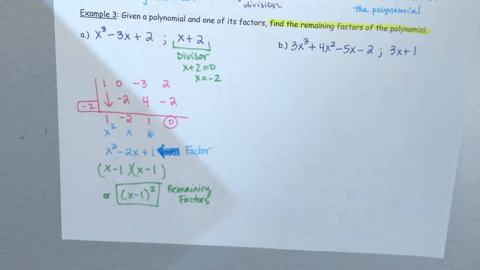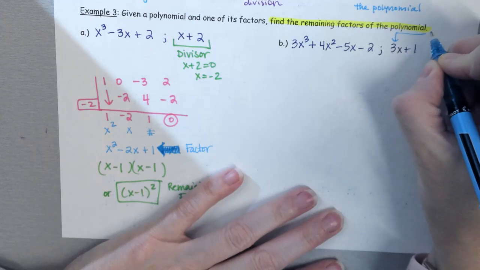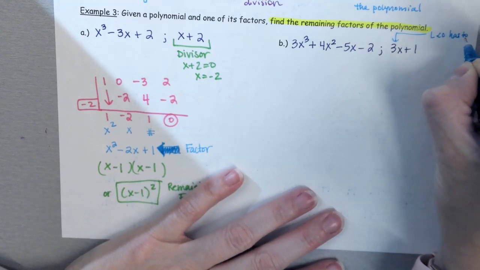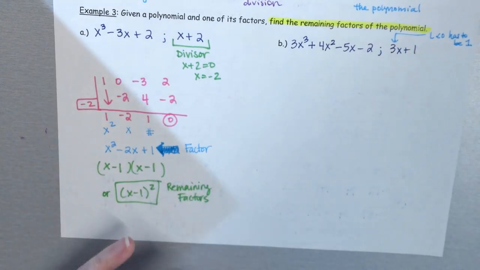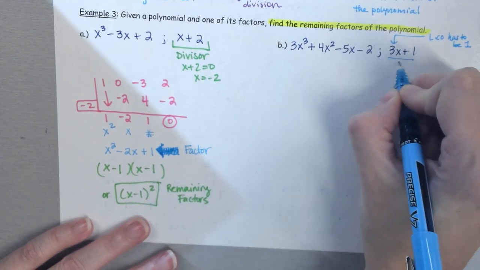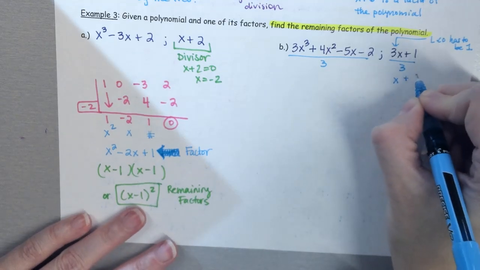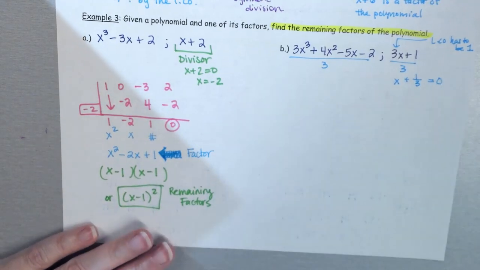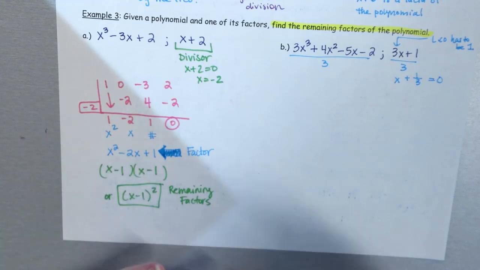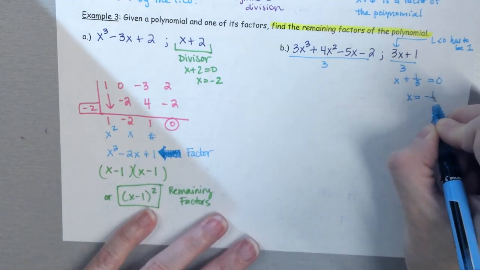So the divisor has a coefficient of 3, which means we're going to have to divide everything by 3. So here you have x plus 1/3. We set that equal to 0 so that we can find our value of x for synthetic division.